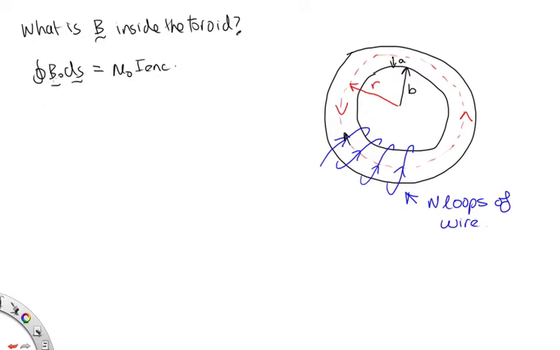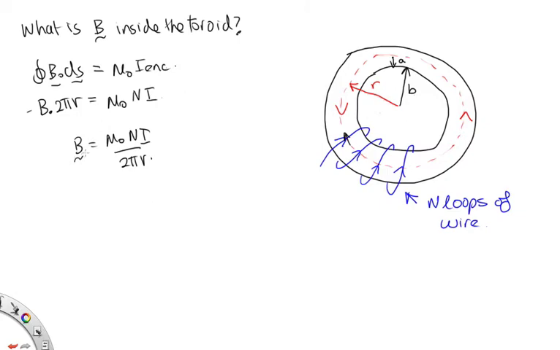The magnetic field is constant around this path, so we can pull it out the front of our integral. So we've got B times the circumference of the path, the integral of ds, which is 2 pi r, is equal to mu naught times the current enclosed. We've got n of these loops, each carrying a current I, so this is equal to nI. So we've got B is equal to mu naught n I over 2 pi r. Now really this is a negative as they're going in opposite directions, but that negative doesn't really mean anything.